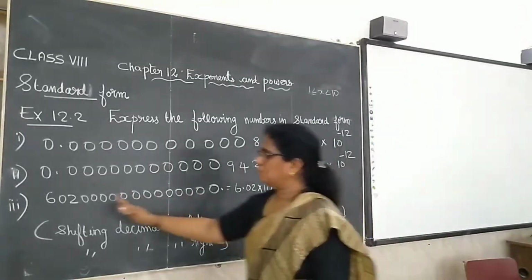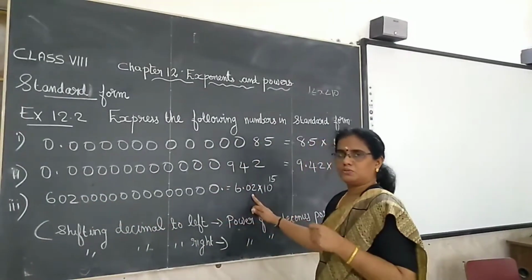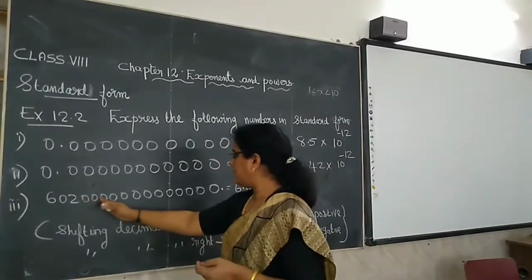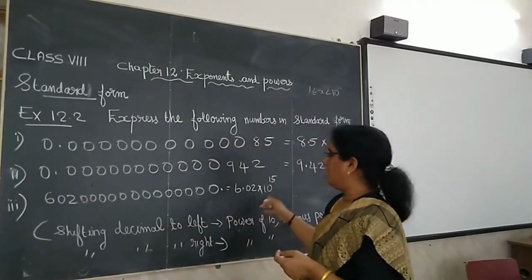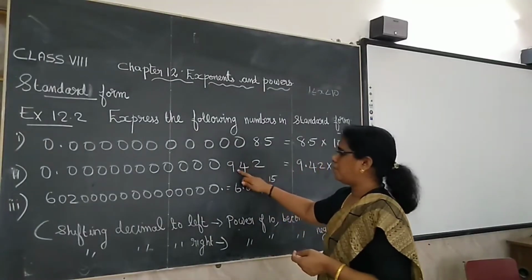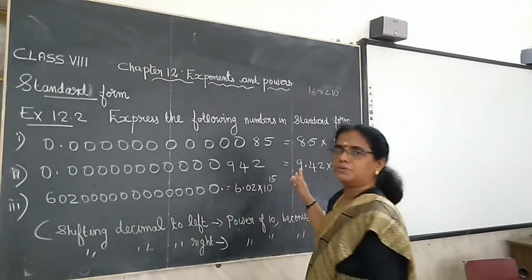After 6.02 all are zeros, therefore no need to write those zeros. And here also, when you write 9.42, before 9 all the numbers are 0, therefore no need to write.